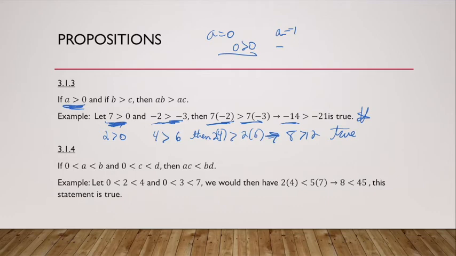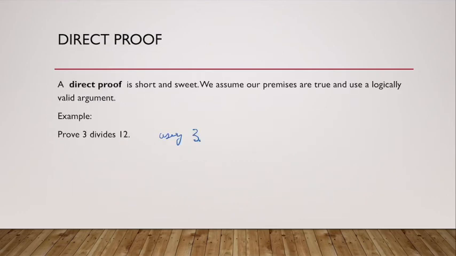A direct proof is short and sweet. I like direct proof. I wish all things could be proven by direct proof. We assume our premises are true and use a logically valid argument. So let's prove that 3 divides 12, okay? And we're going to use our proposition 3.11 in order to prove this.